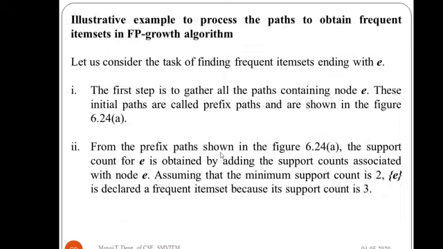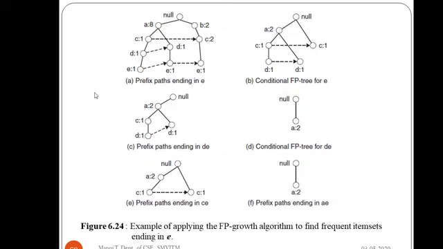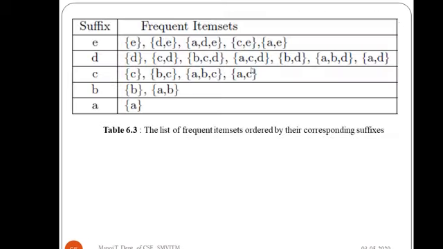Suppose you see over here, once we adjust these counts to B1 C1, you can see that B1 is less than the minimum support count of 2, and C1 over here also matches the minimum support count. So C is kept, but B is removed in the conditional FP tree for E.